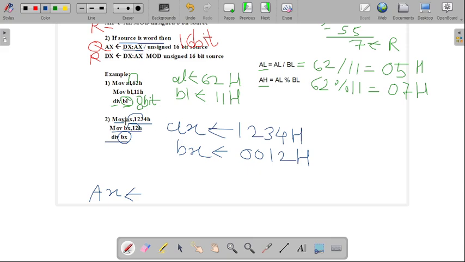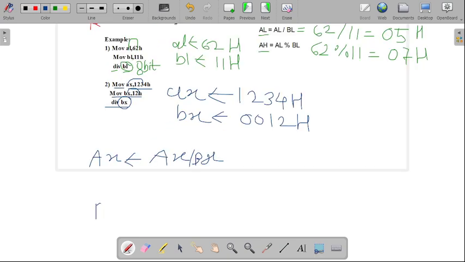But here there is no requirement for 32 bits of data, so I'm directly taking AX divided by our BX register, that is our unsigned 16-bit source. Why is it called unsigned? Because this is a positive number, not a negative number, so it is written as an unsigned 16-bit source. Now the DX register will store the remainder of AX mod BX.